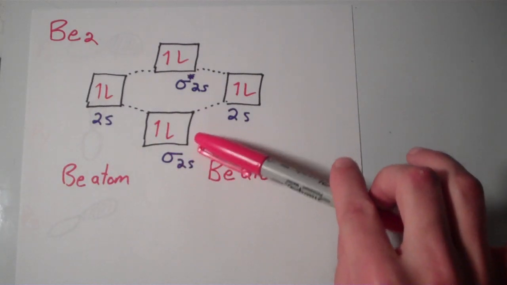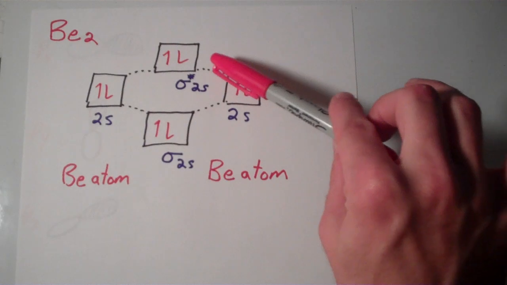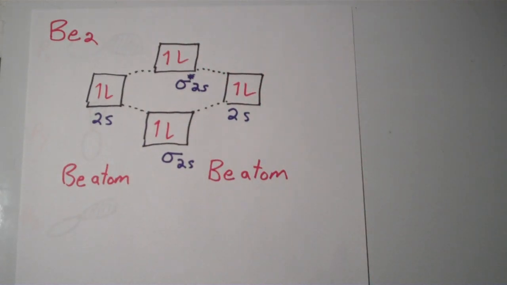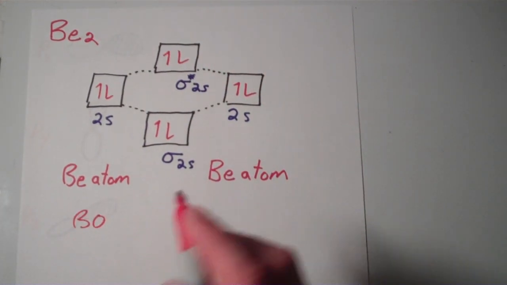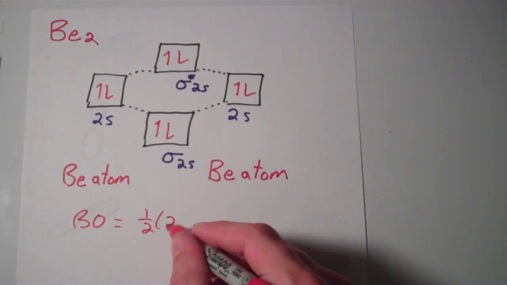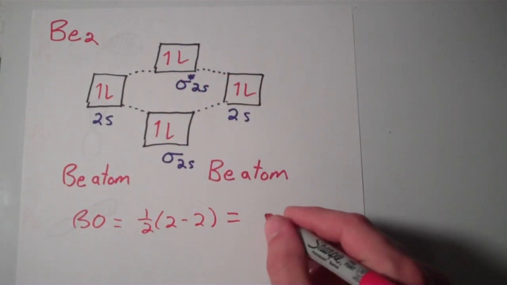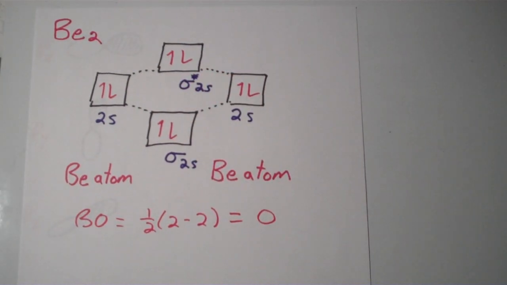We populate the sigma 2s orbital first, and then the two remaining electrons have to go in the sigma star 2s orbital. The bond order for Be2 would be 1/2 of 2 minus 2, which is equal to 0. So we would expect diatomic beryllium not to be stable, which is true. It does not exist in nature.